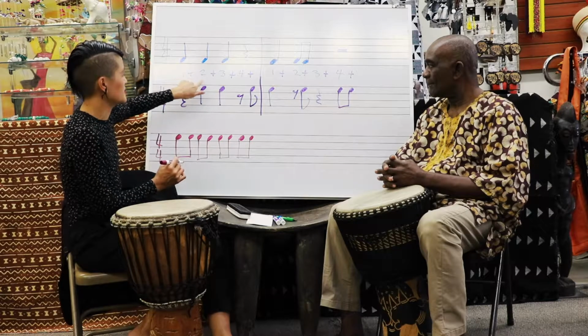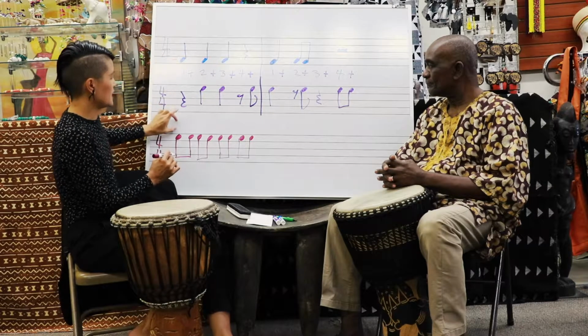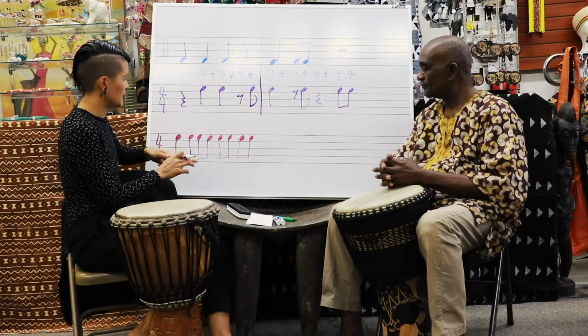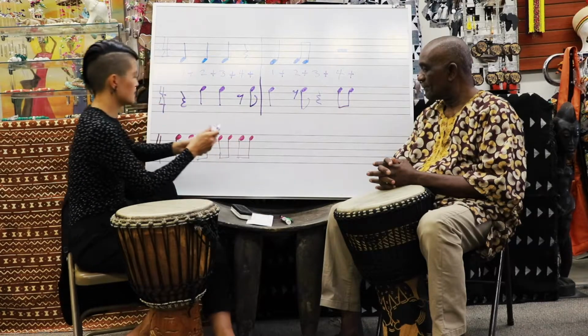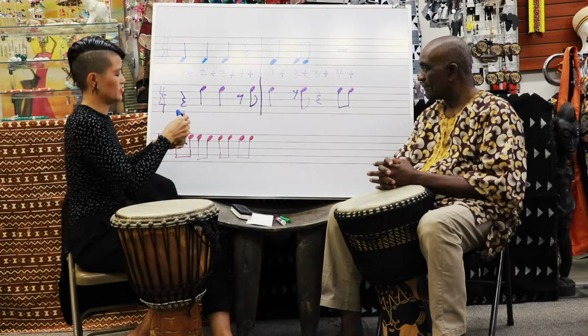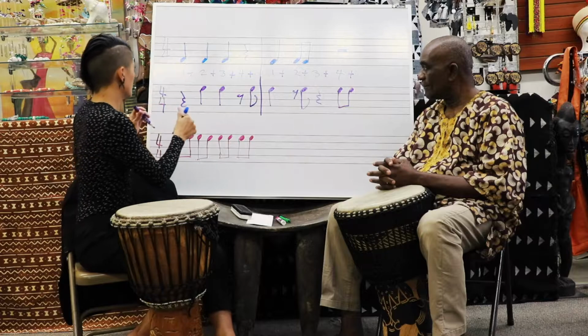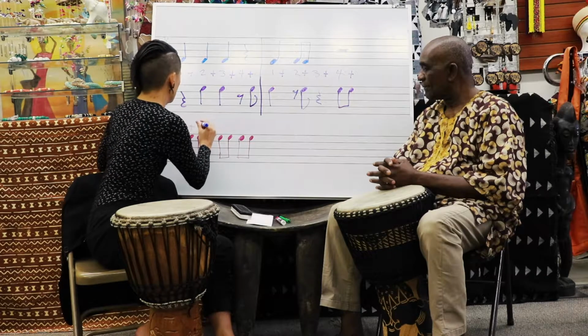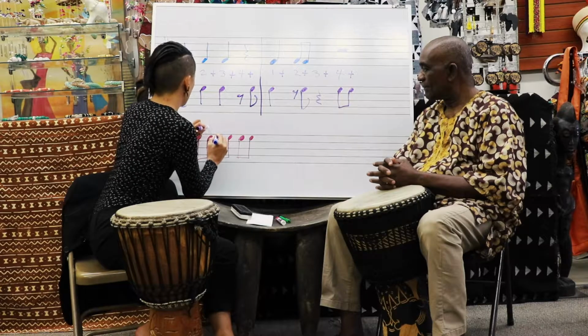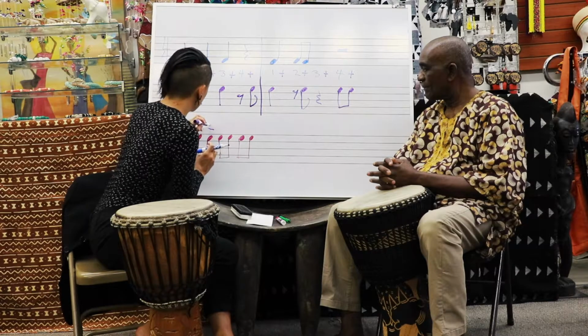Now you might not be able to see the beats from up here down here, so I'm going to go ahead and write them again. I'm going to alternate colors just like we had earlier. So we have 1 and 2 and, it's kind of not dark enough.